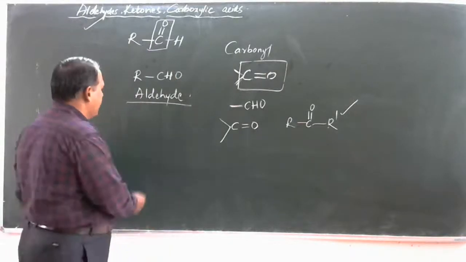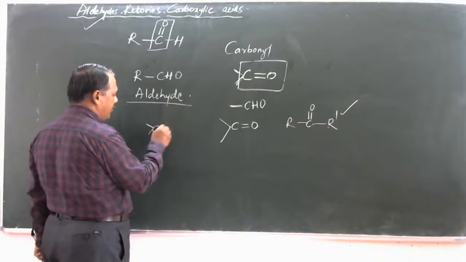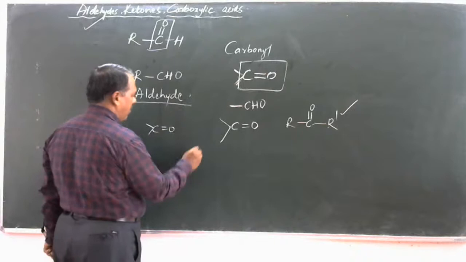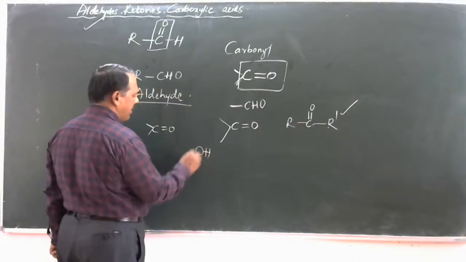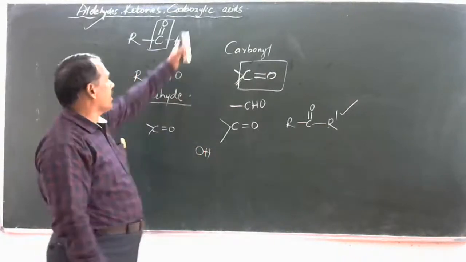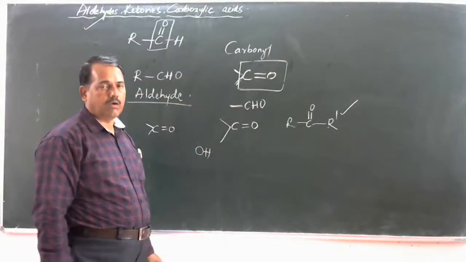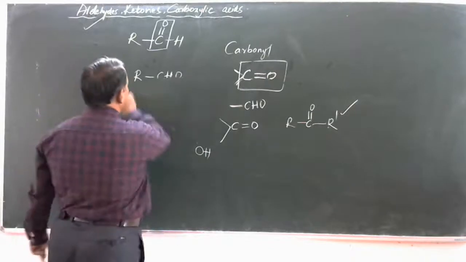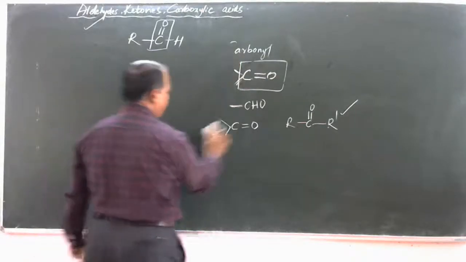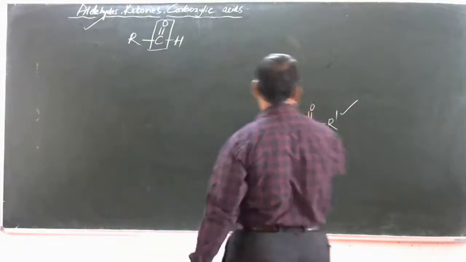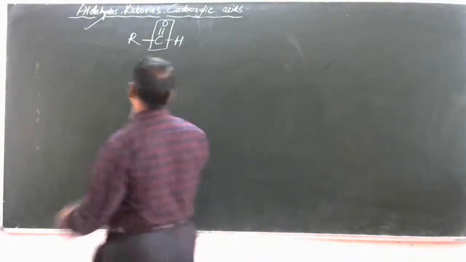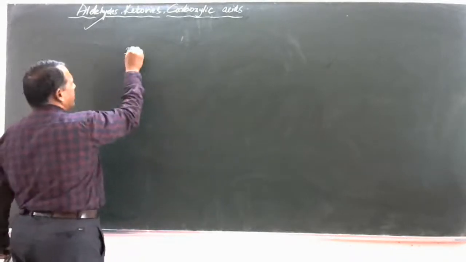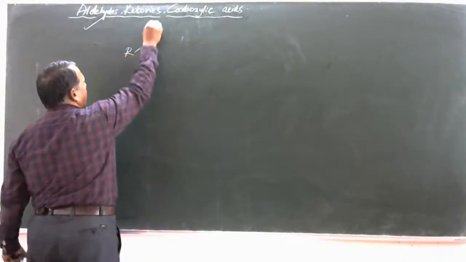If the carbonyl group is attached to an OH group, they are called carboxylic acids. I think you are clear. Aldehydes have the functional group CHO, which we can write as R-C double bond O-H.